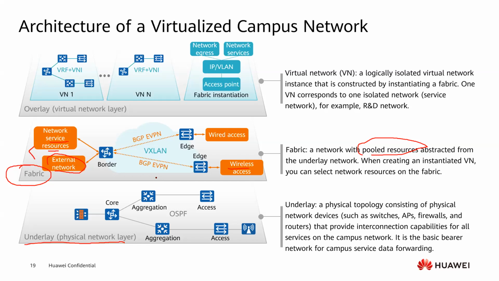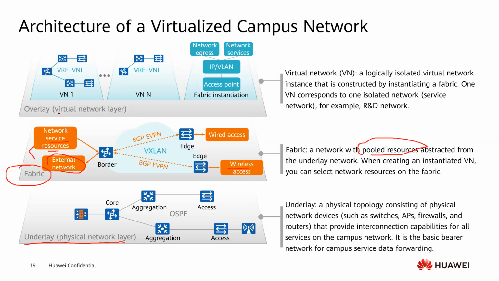And the fabric is based on VXLAN, on BGP EVPN, to establish the dynamic VXLAN tunnel to create a virtual network to isolate different VNs, or to support the different VNs.